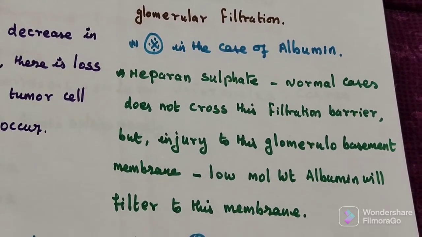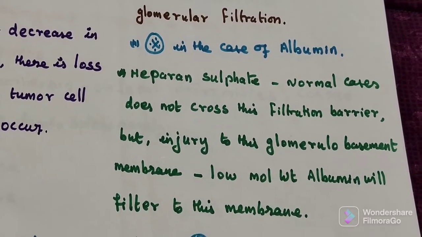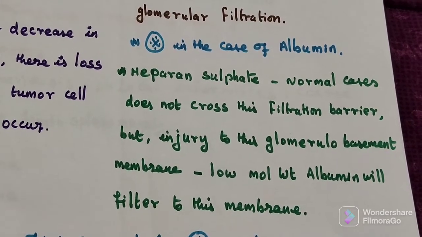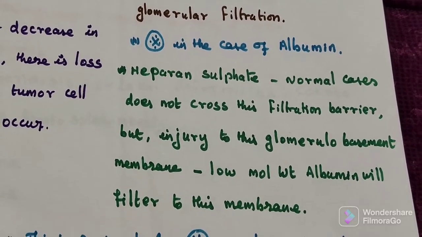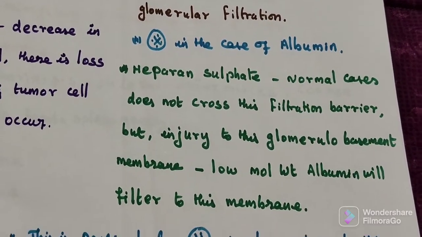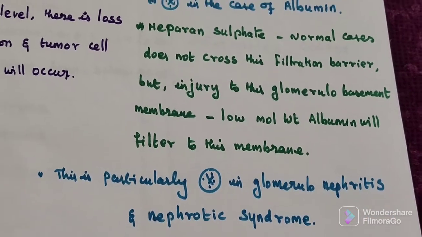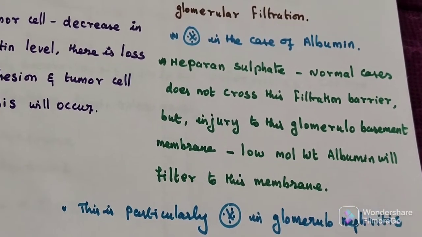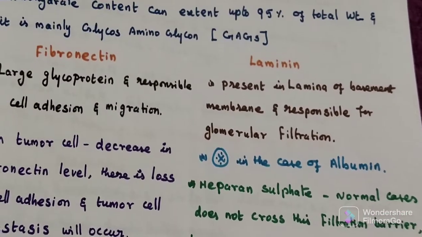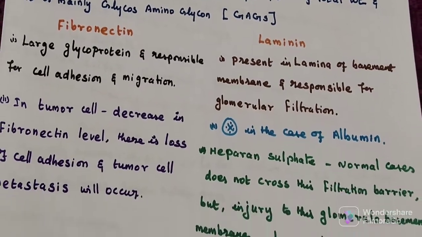Whenever there is injury to the glomerular basement membrane, this charge is lost and low molecular weight albumin will filter through. This is important in glomerulonephritis and nephrotic syndrome. So fibronectin and laminin are the two specialized glycoproteins present in the extracellular matrix.